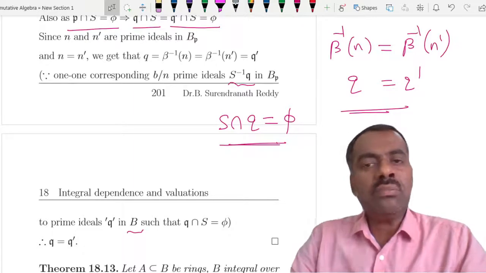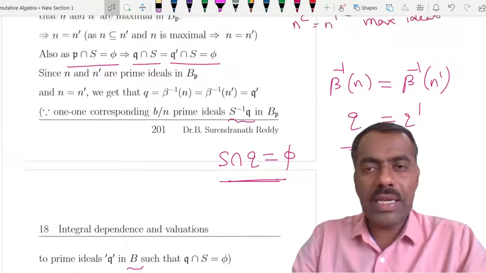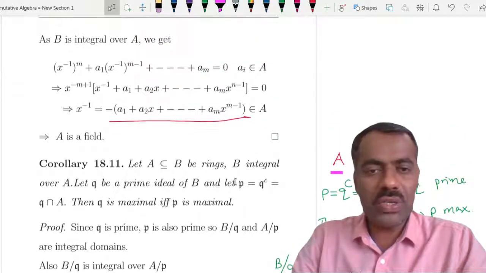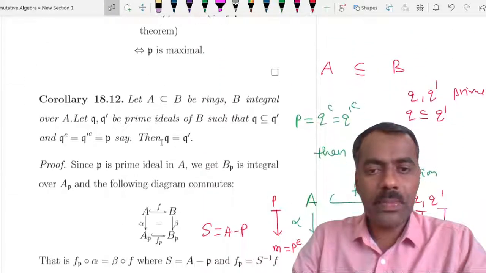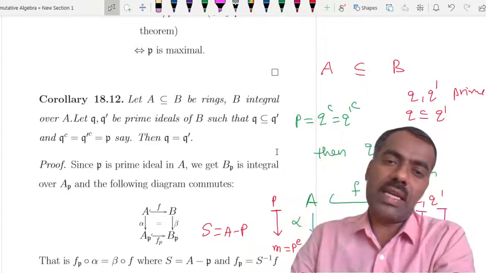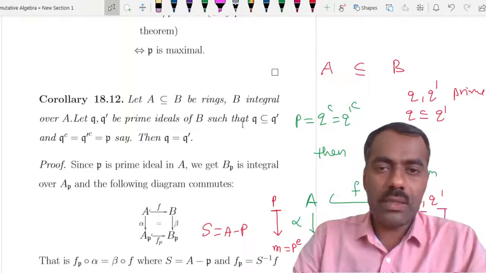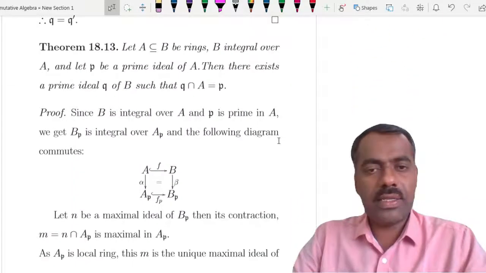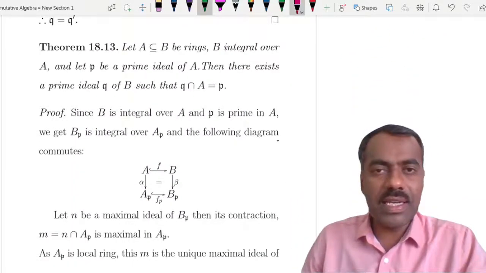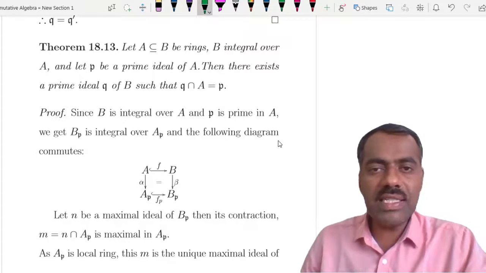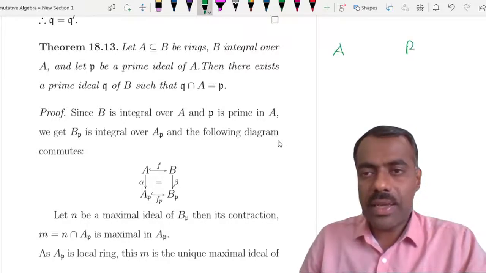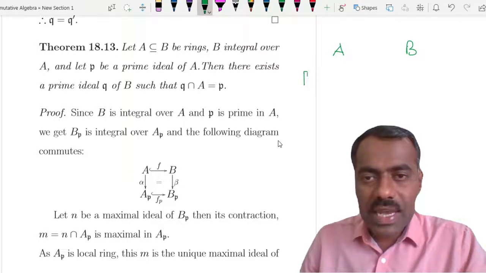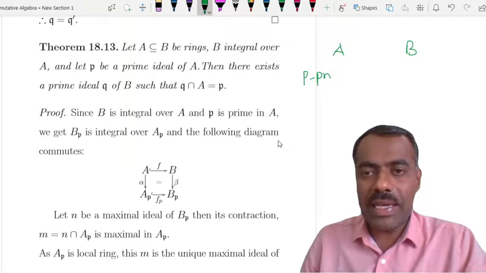So we have proved that if we have two prime ideals Q and Q prime such that Q is contained in Q prime, and if their contraction is the same, then they should be the same; they cannot be different. Using this, we now prove another interesting result. Again you take A and B, which is integral over A. This time P is a prime ideal here.